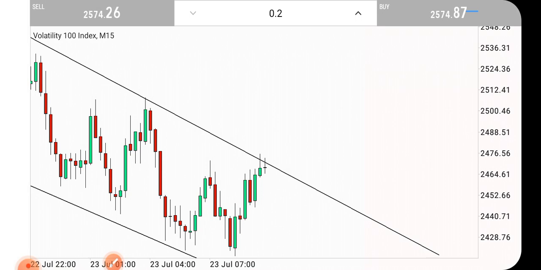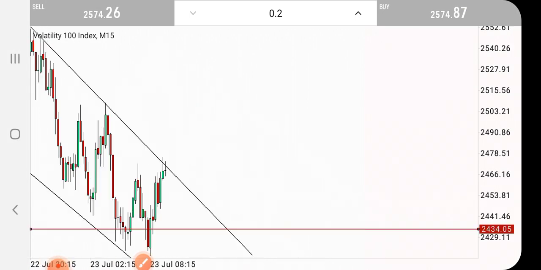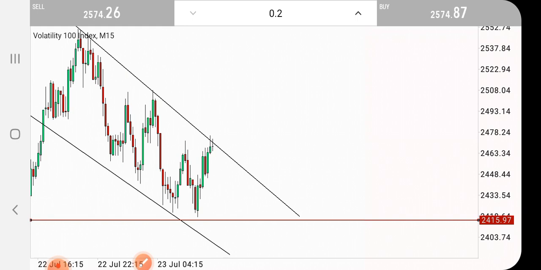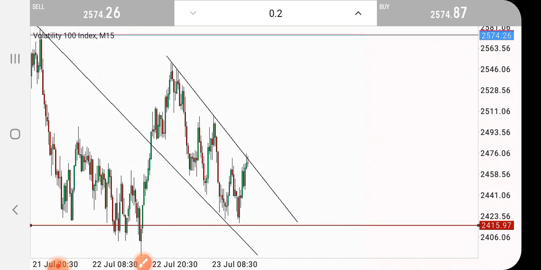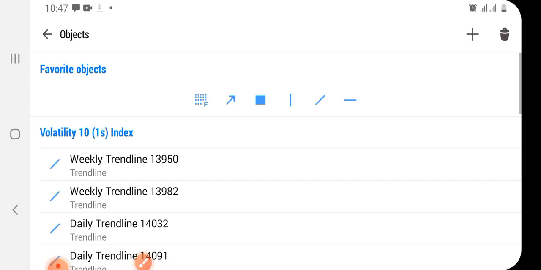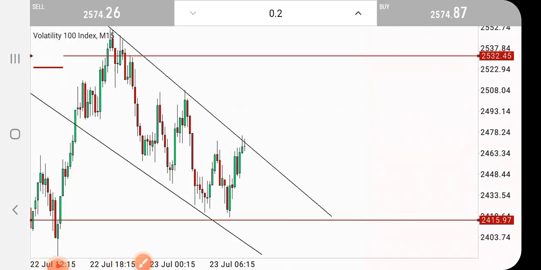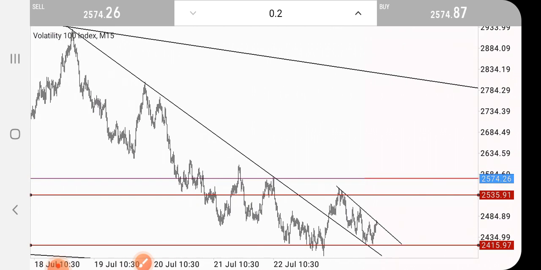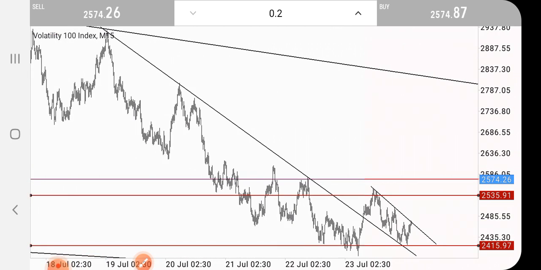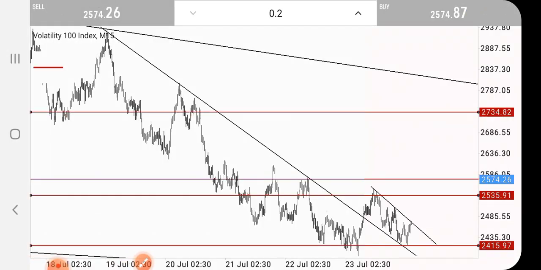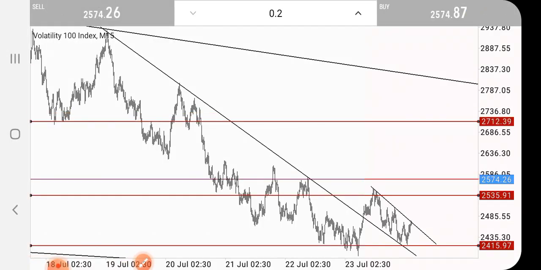Then we set our stop loss here below this point. Then where is our TP? Our TP should be at this point. We shouldn't be greedy at this point, and we will end up coming to maybe this point. This is our second TP.